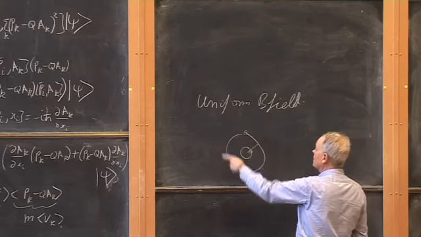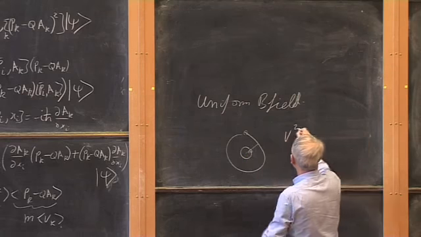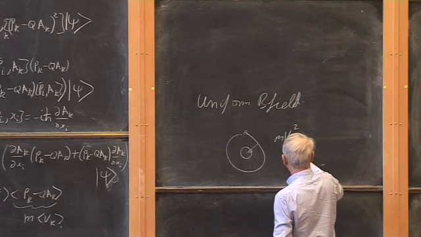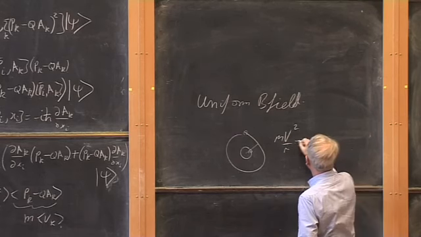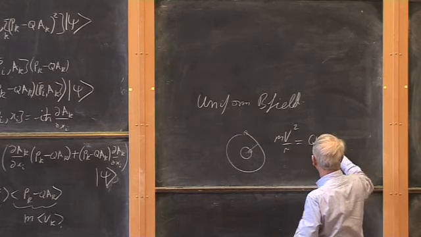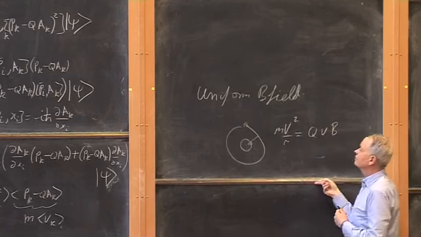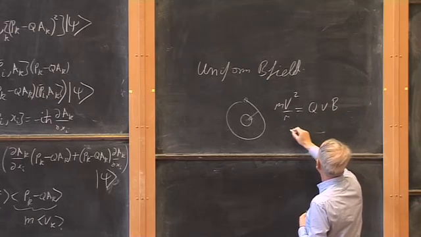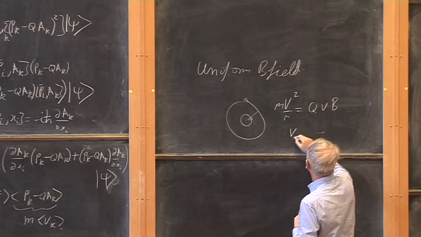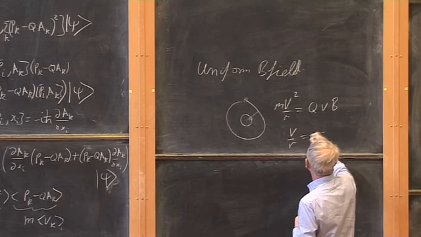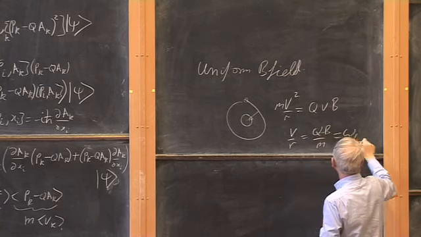If you have a fast particle, it goes round, we have mv²/r equal to qvB. So we have that v/r is equal to qB/m, which is the Larmor frequency.